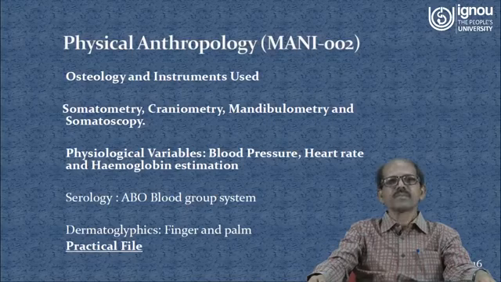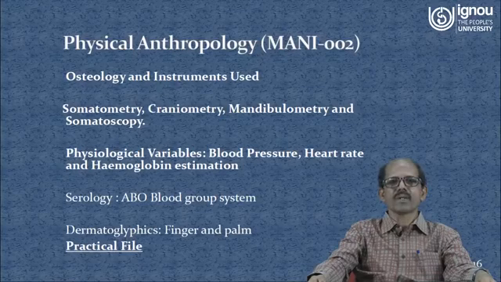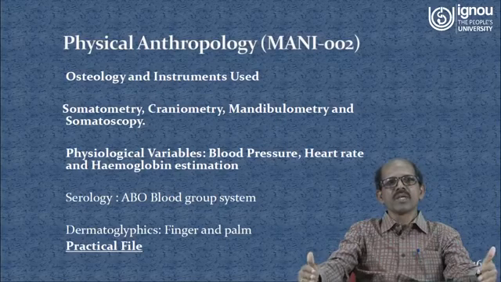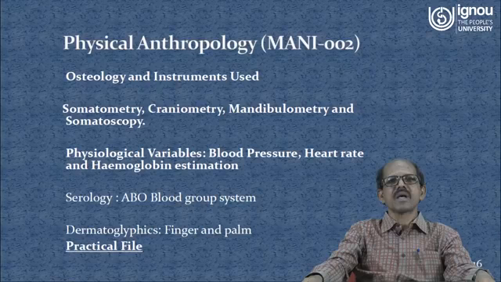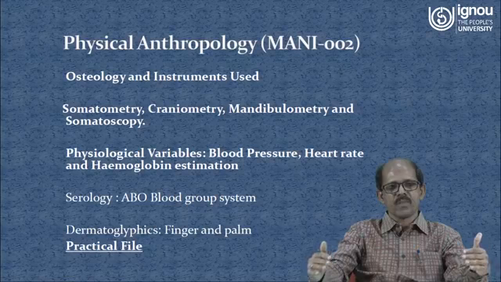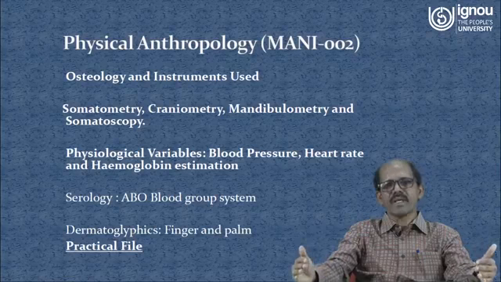Now, let us briefly discuss the practical component of the course Physical Anthropology. So, we have 3 units. Unit number 1, osteology and instruments used. Physical Anthropology is a course which focuses on the biological understanding of human evolution and variation.